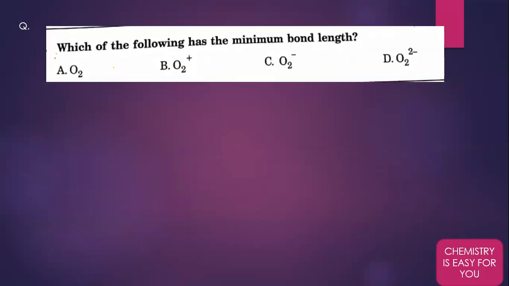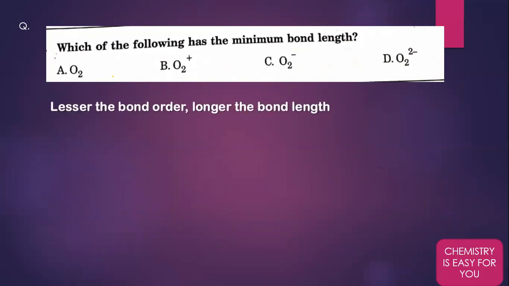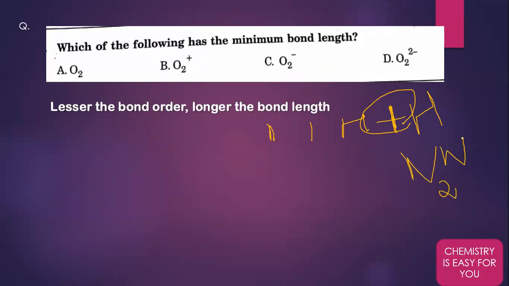Next question: which of the following has minimum bond length? The first point is: the lesser the bond order, the longer the bond length. If the bond order is 1, like H2, there is no strong bond between the atoms, so it can easily be broken. Now if you consider N2, it is a triple bonded compound.